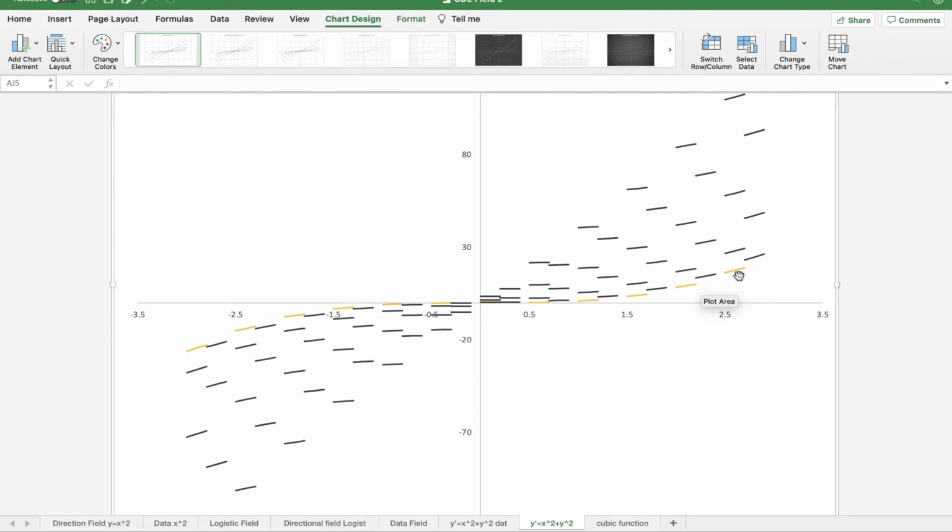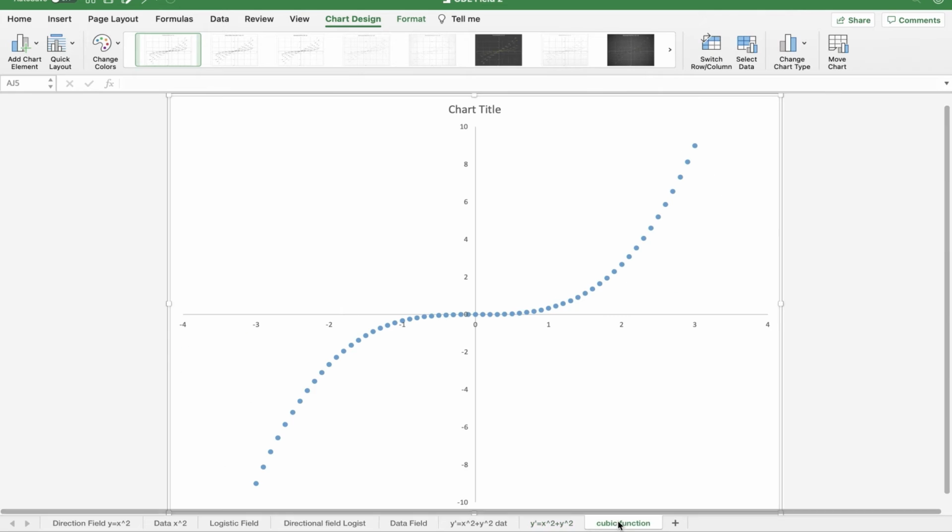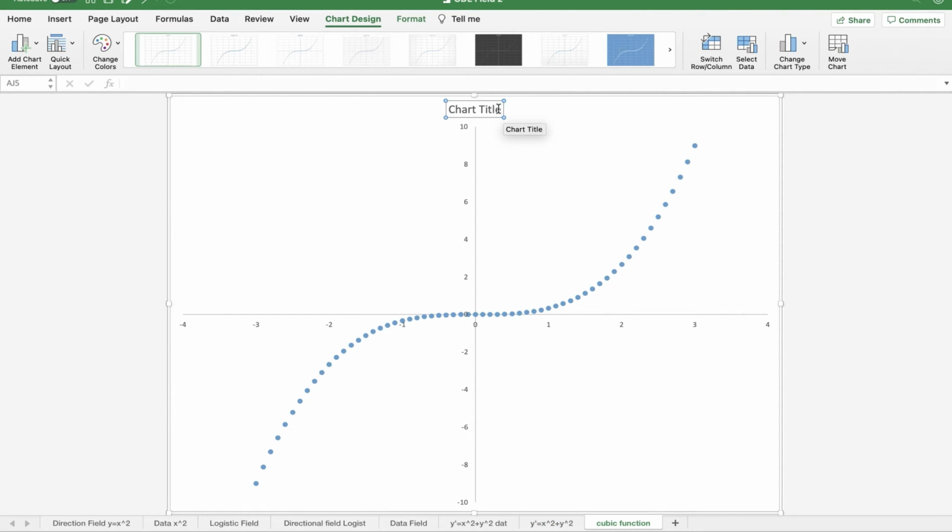I plotted between two different y values, and the yellow is the one that passes, I think maybe they all pass through 0. But if you were able to take the integral of the function and plot it, this is what you get. So you can see how the field gives you, this is y equals 1/3 x cubed.